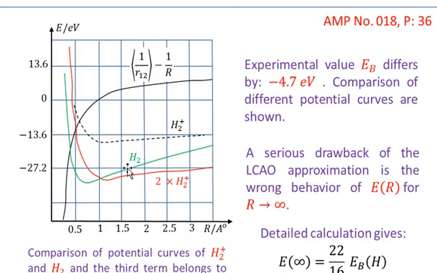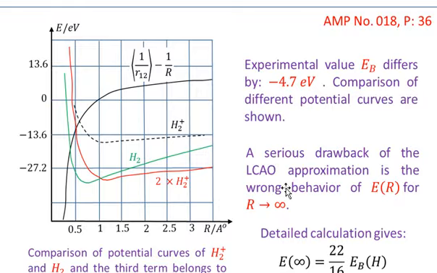But the H2 curve has much separation from the red curve as R goes to infinity. At a large value of R it should behave such that there will be no binding energy.